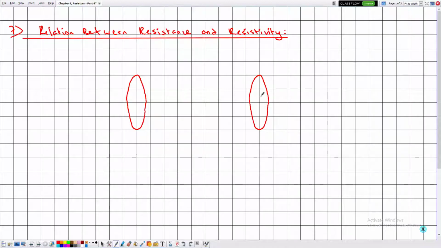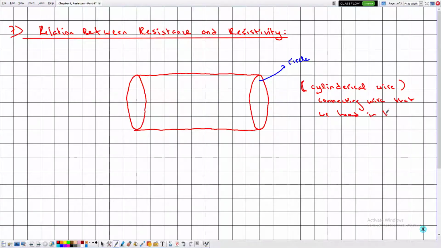So here this is a circle, and this represents a cylindrical wire, which is basically the connecting wires that we have used in different electric circuits.